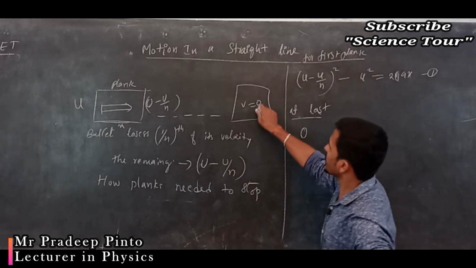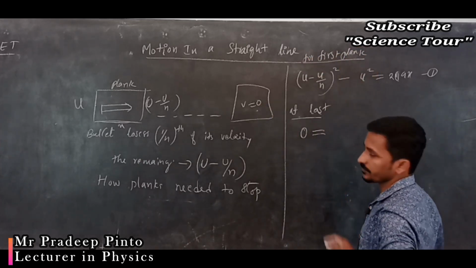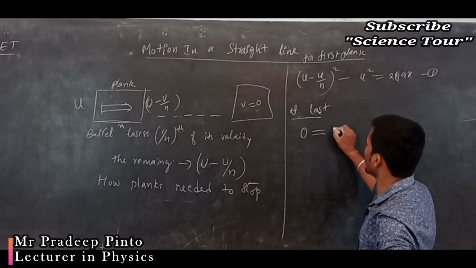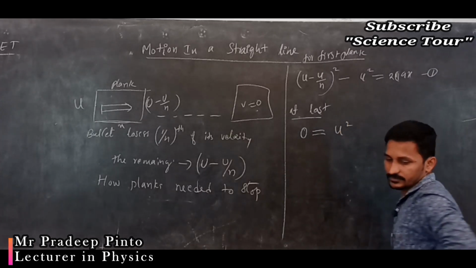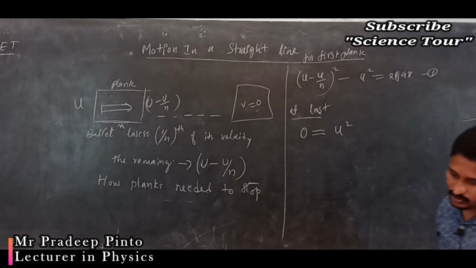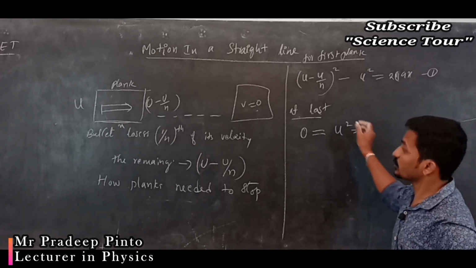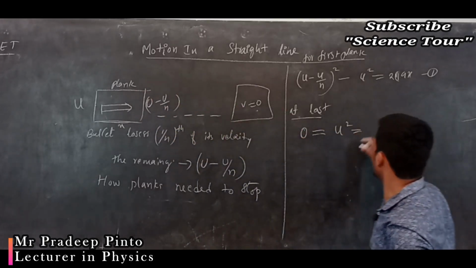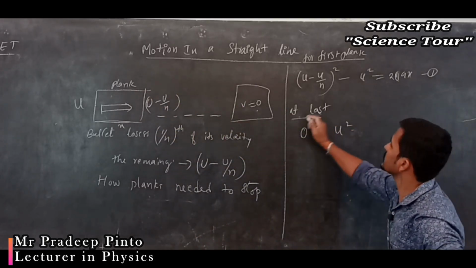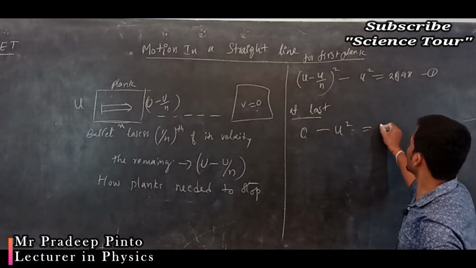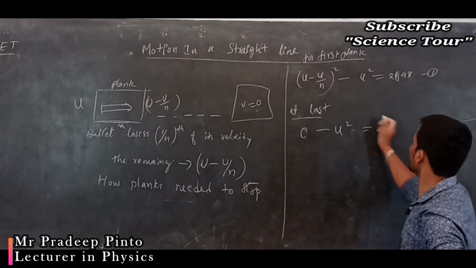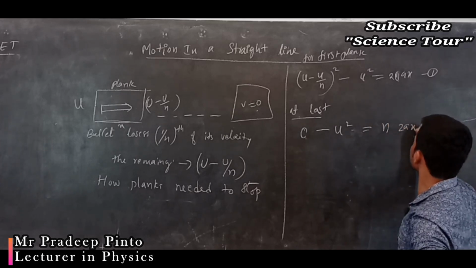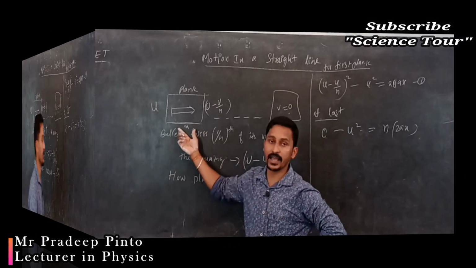At last, the final velocity becomes 0, and the initial velocity was u, so u square. How many planks has it travelled? Which is equal to 2 times n times ax, where x means a single plank.